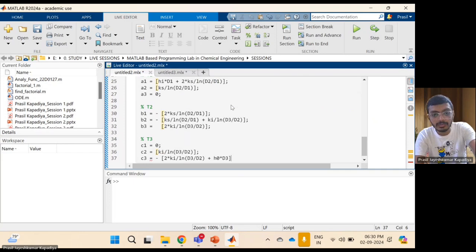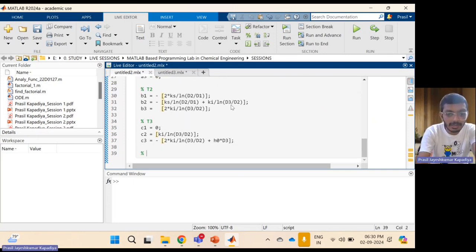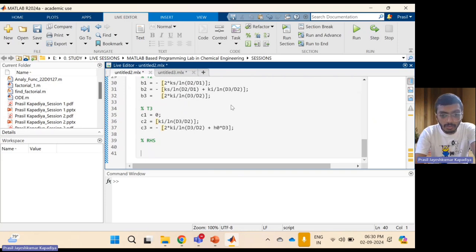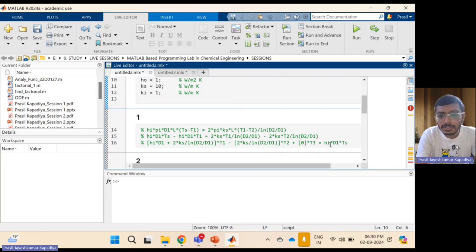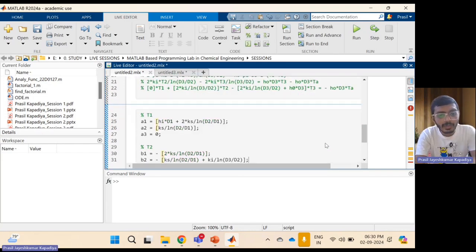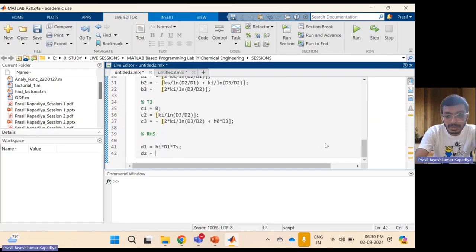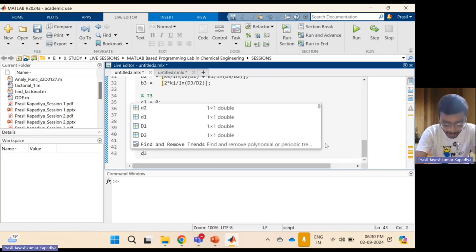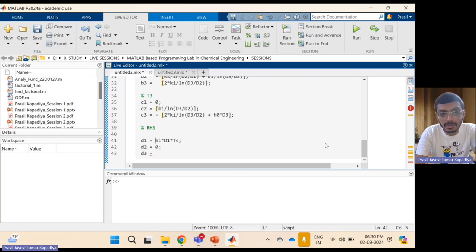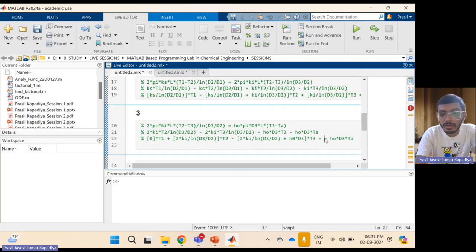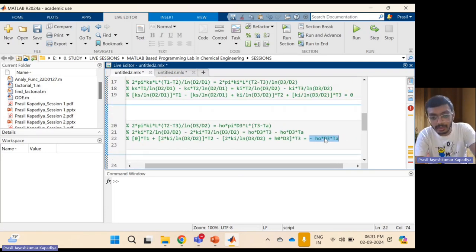Okay. So we have three equations. Now I will be writing right hand side RHS. So let's say D1. So what is RHS in D1? So it is this value. Okay. So this D2, it was I think null. There was nothing in D2 and D3 where this term minus H naught into this thing.